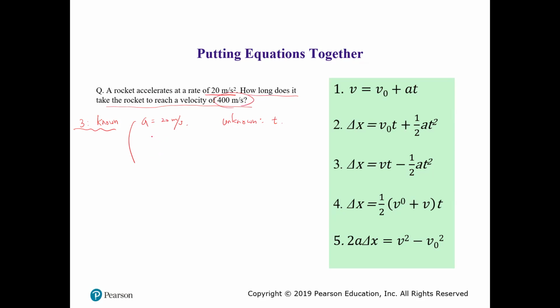It reaches a velocity of 400 meter per second. So that means the final velocity v is 400 meter per second. So it seems like you have only 2 knowns, but this is typical. In general, some known values are hidden, so you have to find it, right?